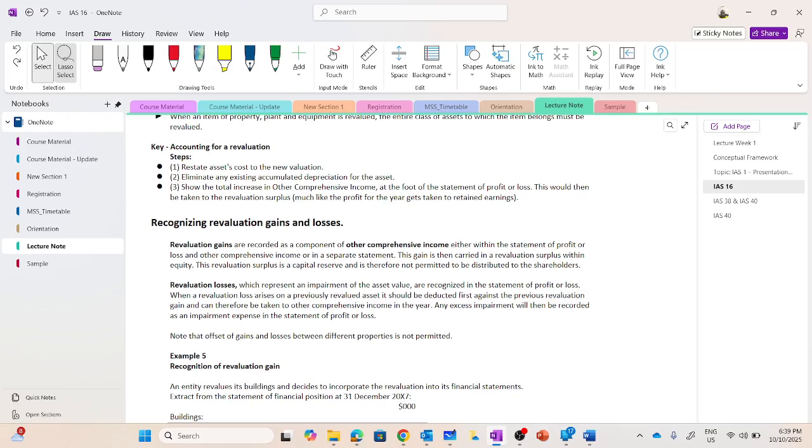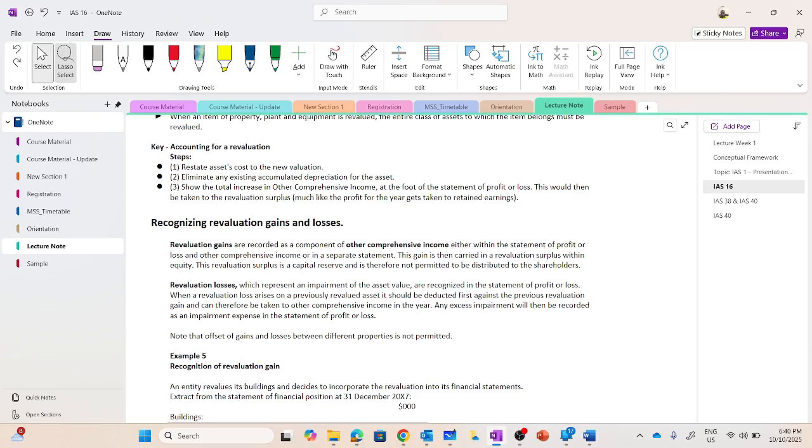For now, let's assume it is a single one, because when we look at IAS 1, we are going to cover the distinction between the statement of profit or loss and other comprehensive income, or in the separate statement. This gain is then carried in the revaluation surplus within the equity.